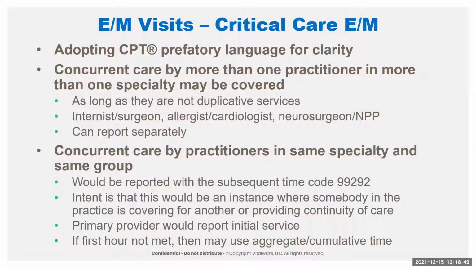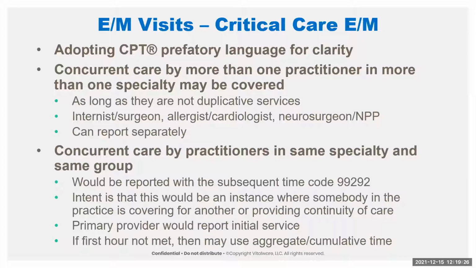So just remember, the facility reporting is different. And then the update to the critical care services is that concurrent care by more than one practitioner in more than one specialty may be covered, as long as they're not duplicative services. So if you have an internist and a surgeon, or an allergist and a cardiologist, or a neurosurgeon and the primary care provider, those can all be reported separately, as long as they're working on separate items.